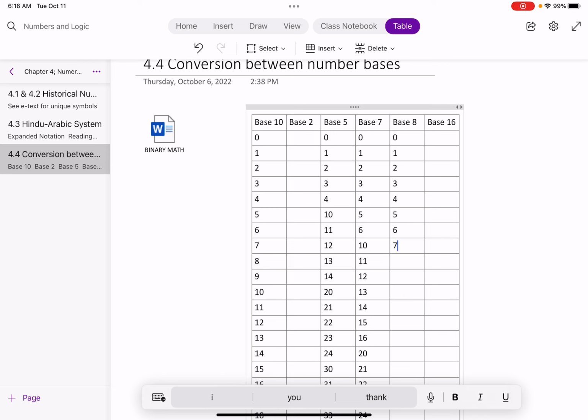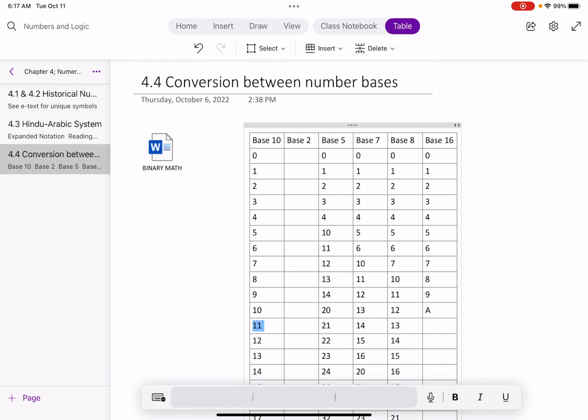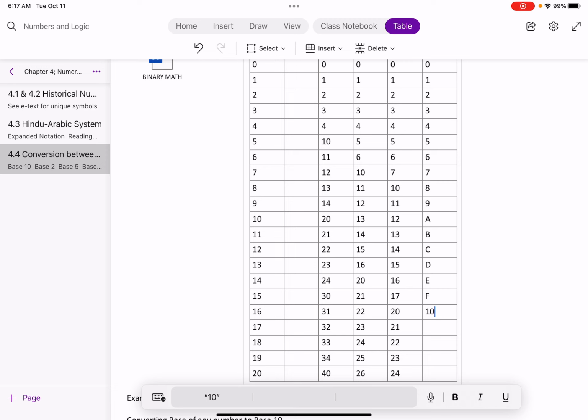So what I switch to is the alphabet: A, B, C, D, E, and F. Helps if I actually push down, sorry about that. F, and then I repeat. Now I start over: 1, 0, 1, 1, 1, 2, 1, 3, 1, 4, and I continue on.